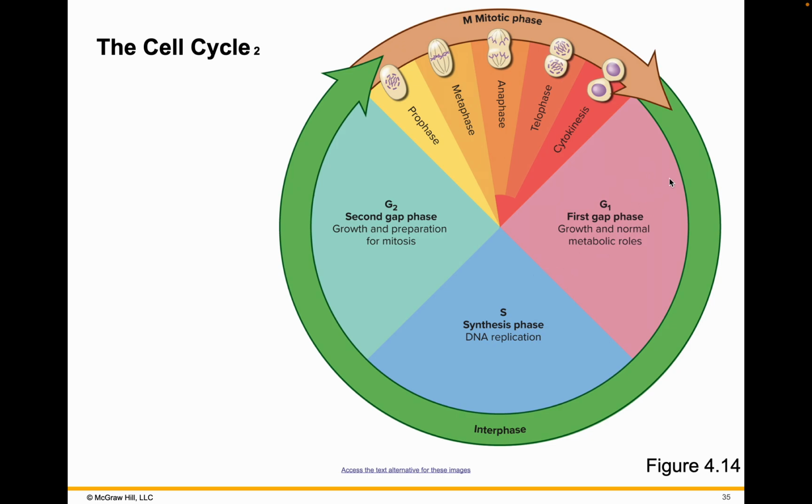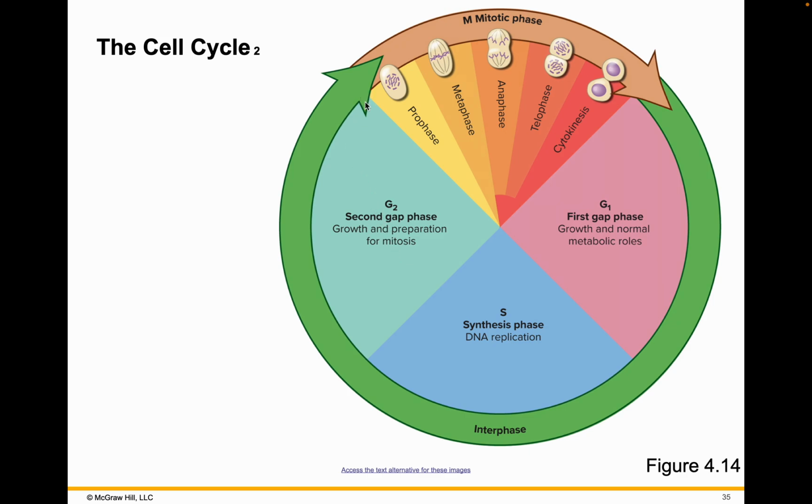So a cell, when it is first formed, is in G1, first gap phase. It's going about its normal business. If that cell is going to divide, it will then move into the S phase, undergo DNA replication, as we just talked about, make a complete copy of its DNA, and then go into the second gap phase, where it would continue to grow and make other preparations needed for mitosis.